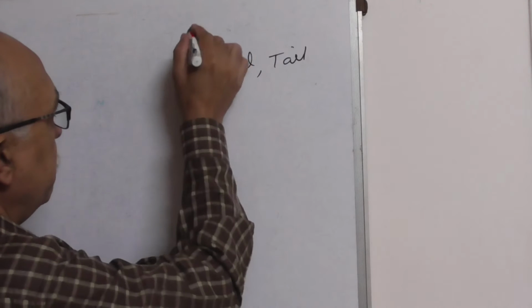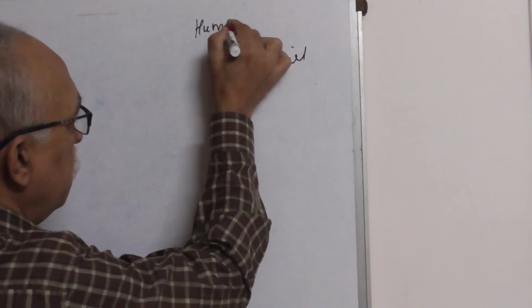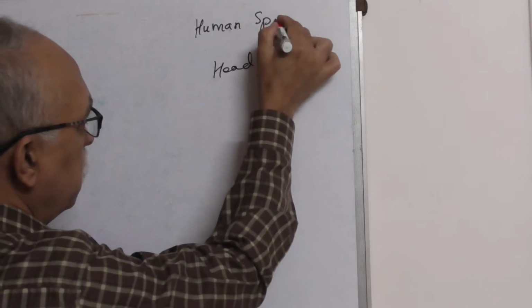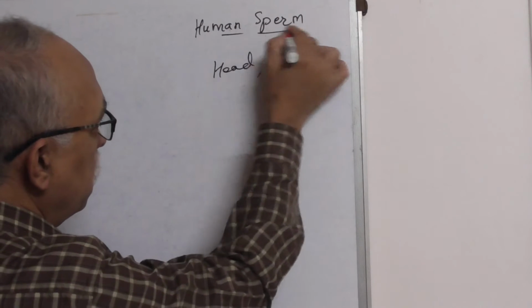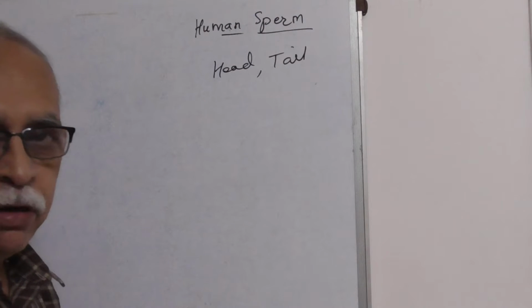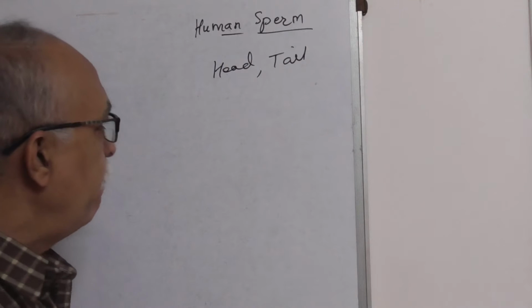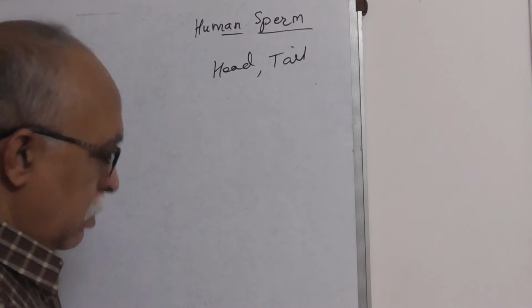So human sperm, as I mentioned, would consist of a head and a tail. Now what is head?